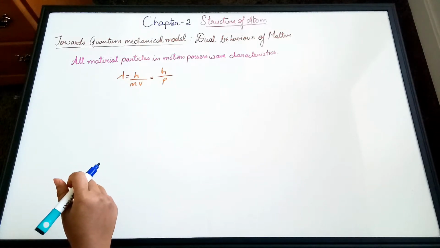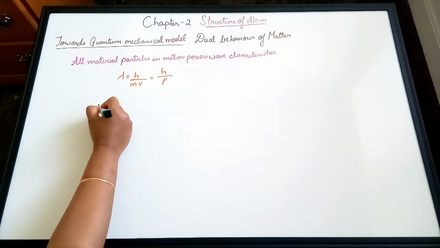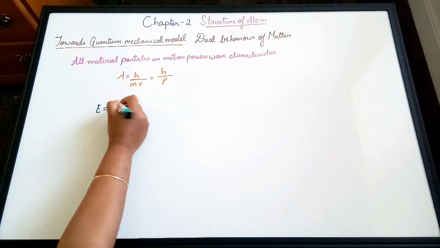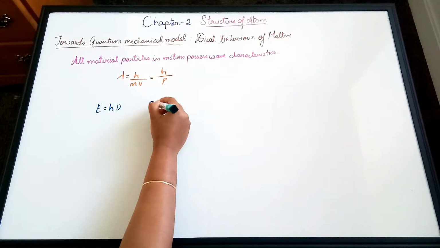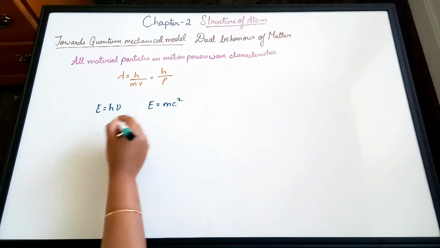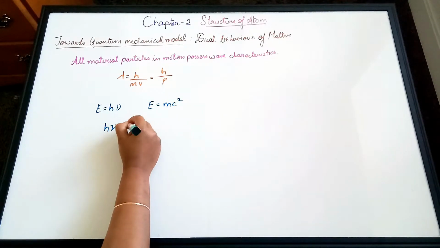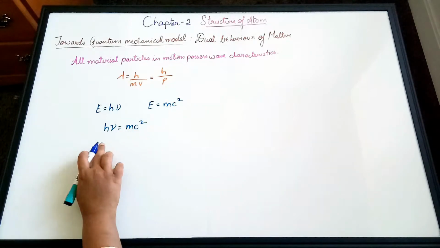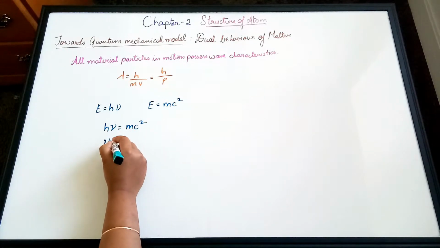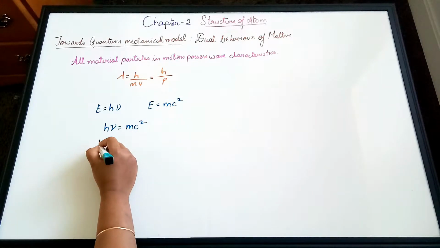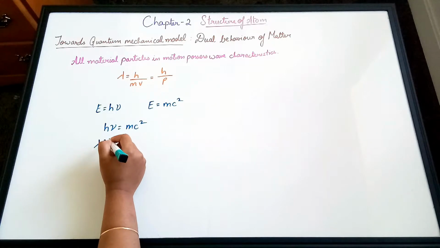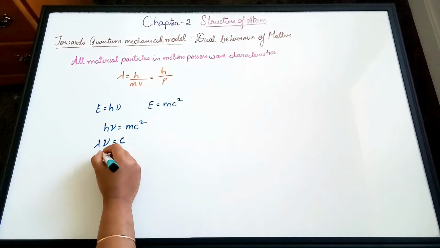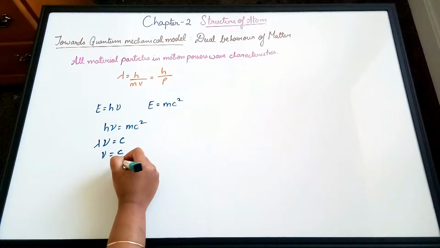Now, first of all, according to the Planck's equation, we know that E is equal to h nu. And according to Einstein's equation, we know E equals mc square. So h nu equals mc square. Not only this, we know that nu times lambda equals c, so nu will be equal to c by lambda.